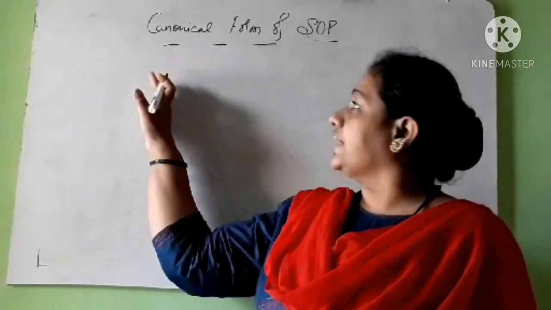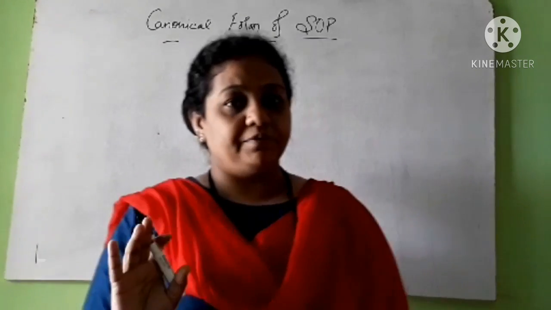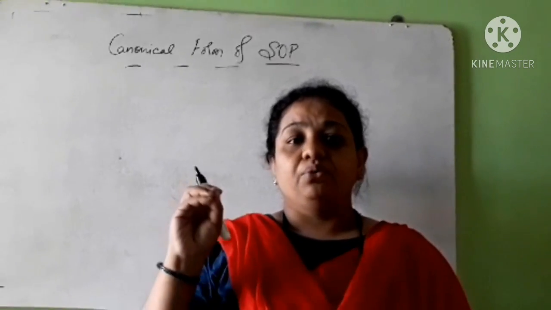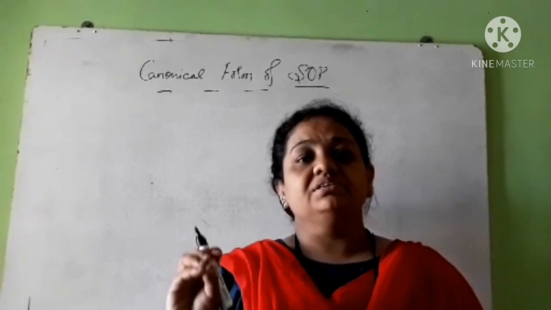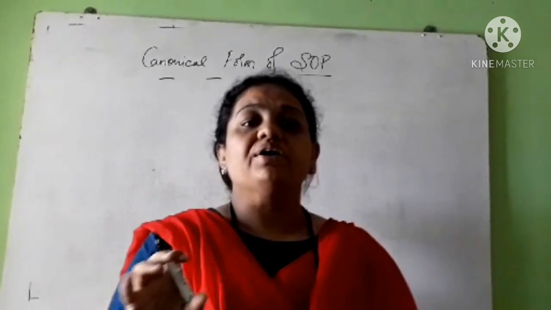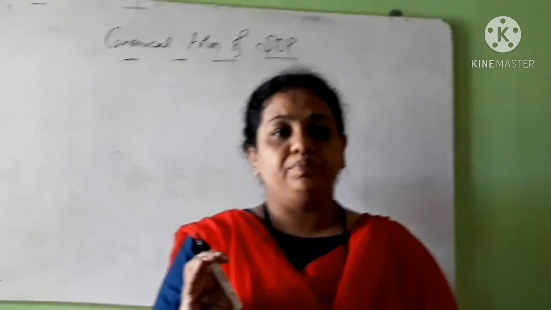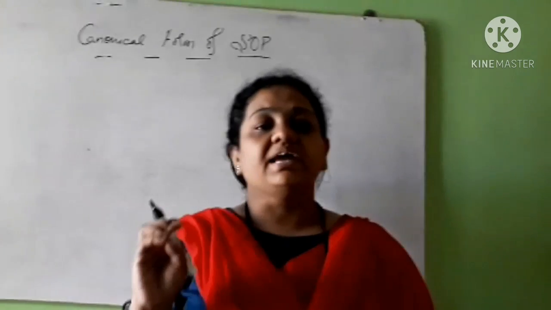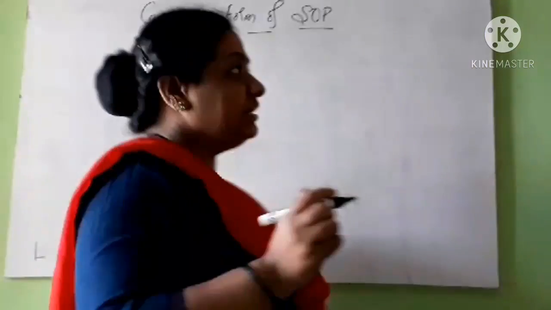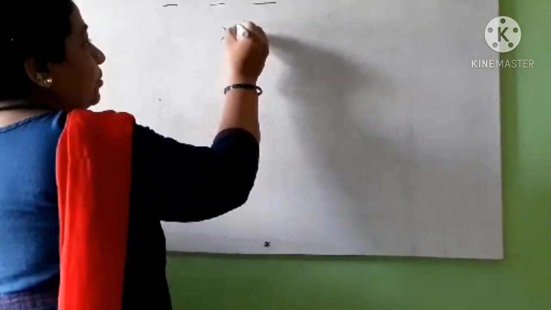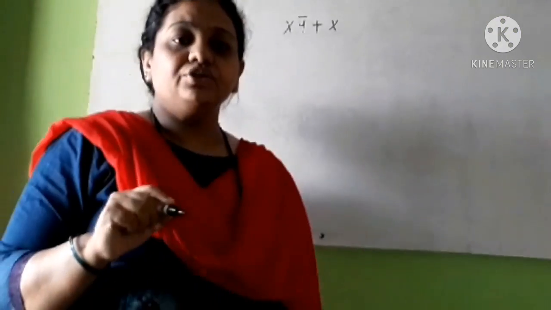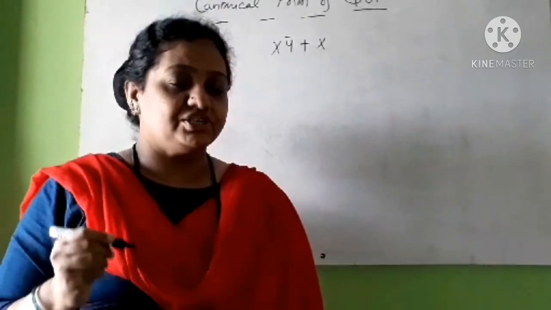Now, what is the canonical form of SOP? When an expression is defined in terms of purely a representation of SOP, it is called the canonical form of SOP. For example, say x y bar plus x. Here you can see a Boolean expression.